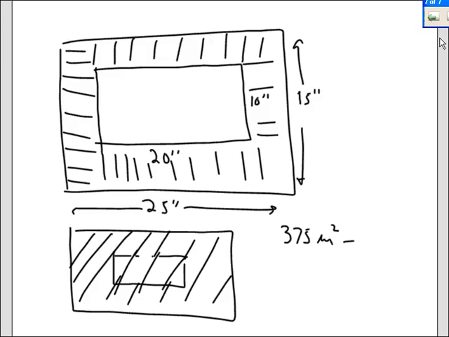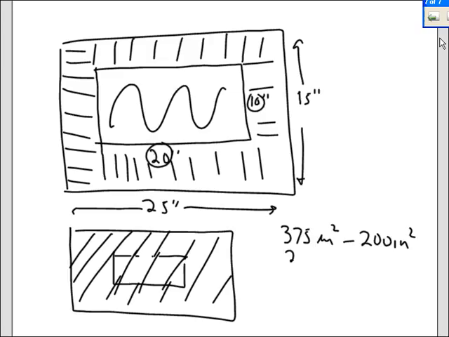And we want to take away this area, which is 20 inches by 10 inches, which is 200 square inches. And well, that leaves 175 square inches. When you take this away, what's left over used up 175 square inches.